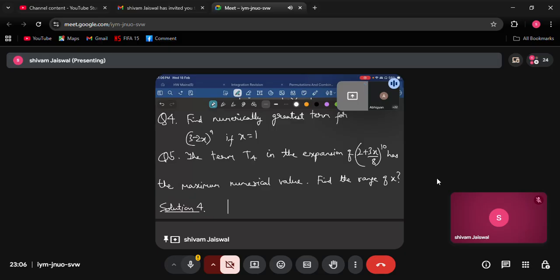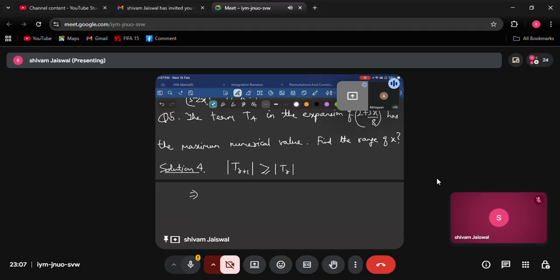Compute mod of T(r+1) greater than or equal to T(r). We are going to get mod of 9Cr into 3 to the power 9 minus r into (minus 2x) whole to the power r is greater than or equal to mod of 9C(r minus 1) into 3 to the power 10 minus r into (minus 2x) whole to the power r minus 1.